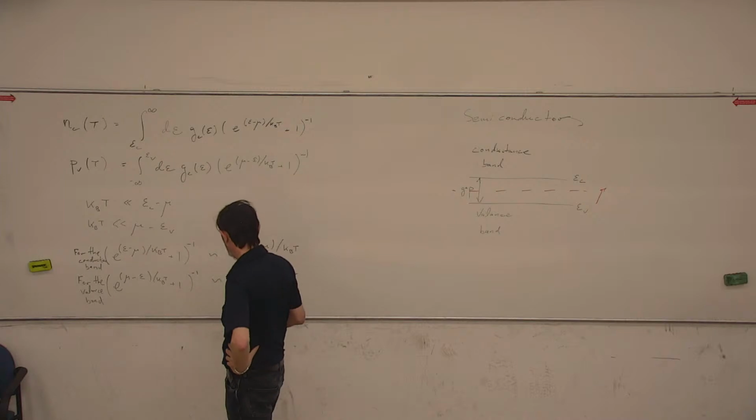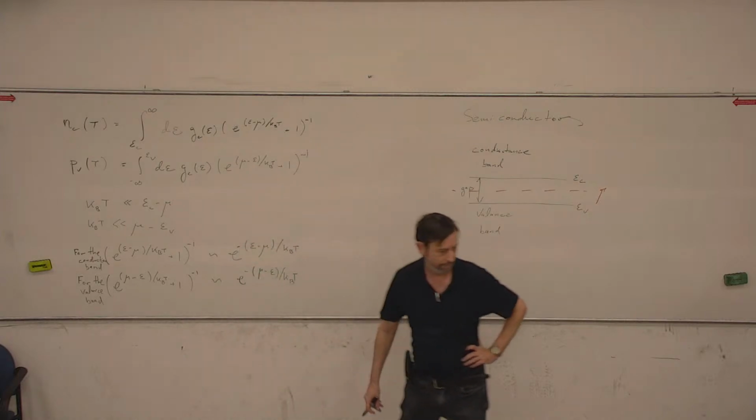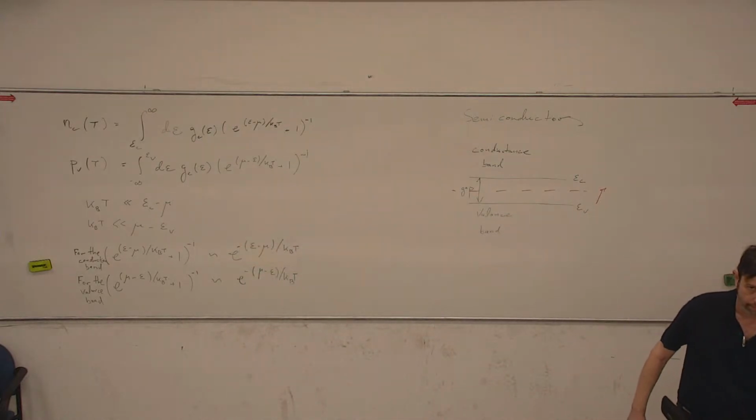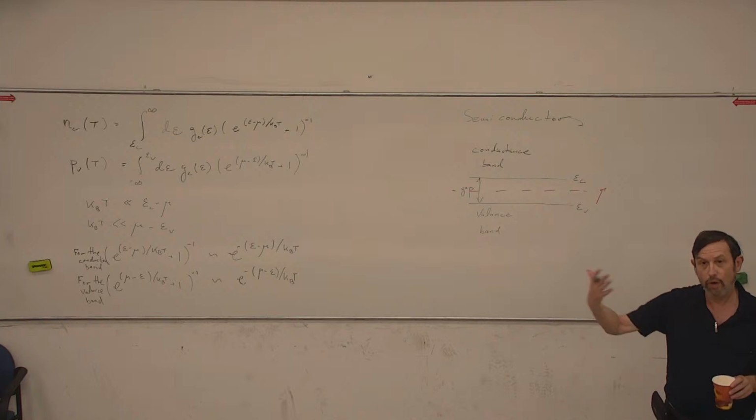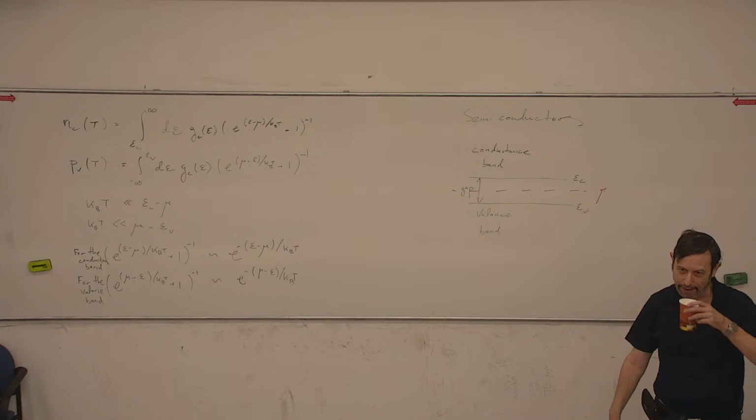No, but look what you wrote. We moved the minus outside of the parentheses of the mu minus epsilon. Yeah, but that's the minus 1. Oh, okay, I see. Just 1 over e to the power of something is like e to the minus power.